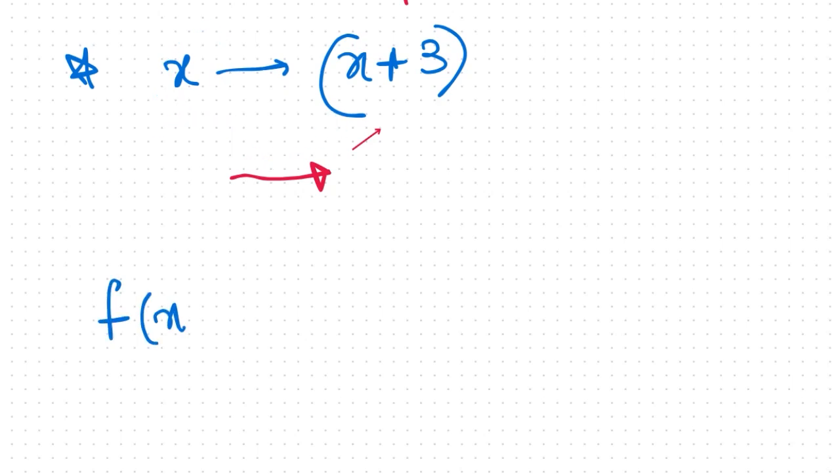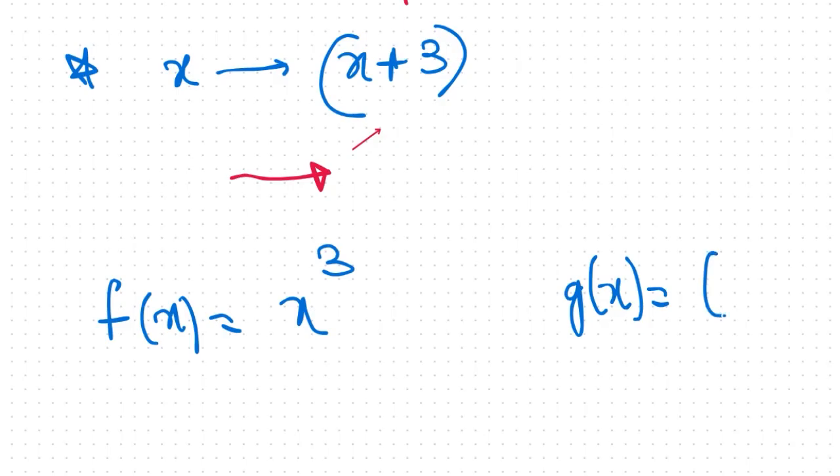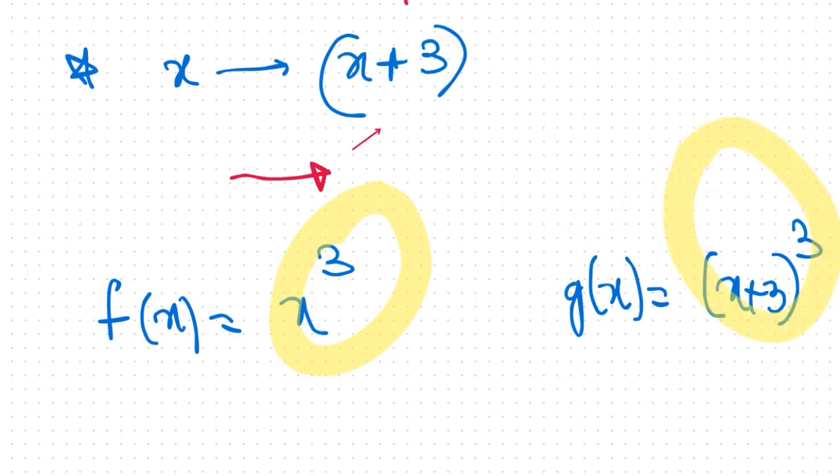See, if you write f of x is equal to, let's say, x cube, but f of x is x plus 3 cube, then the difference between this one and this one is what? Objectively speaking, what is the difference?